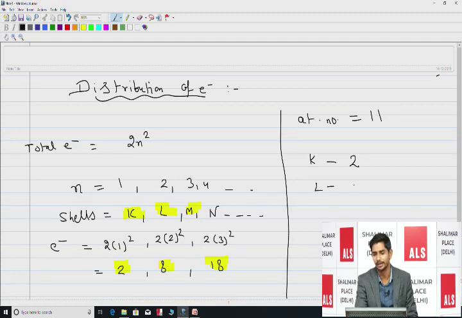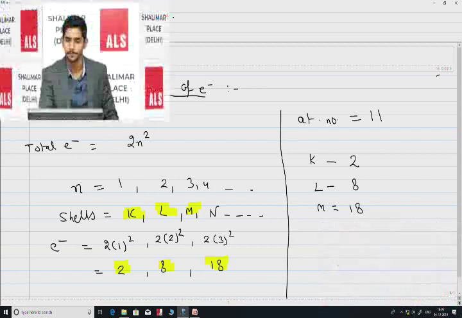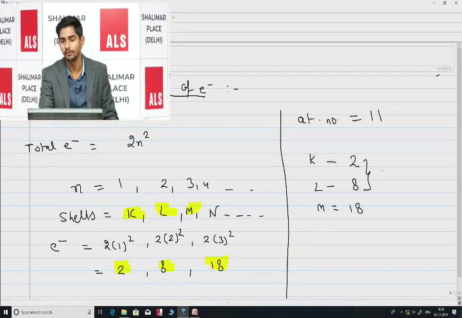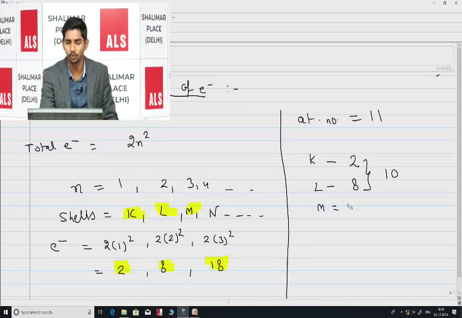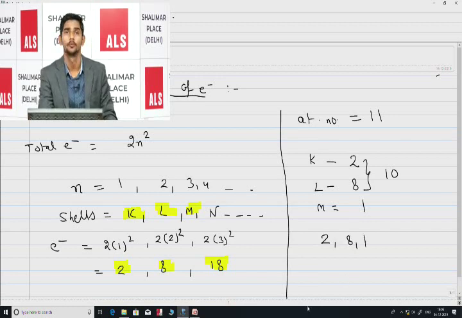Then it will be L, which can accommodate 8 electrons. Now, the M, which can accommodate up to 18 electrons, but up to K and L, we have already filled up 10 electrons. So in the last, out of 18, I'll simply put 1. So this is the configuration of atomic number 11, which is 2, 8, 1.